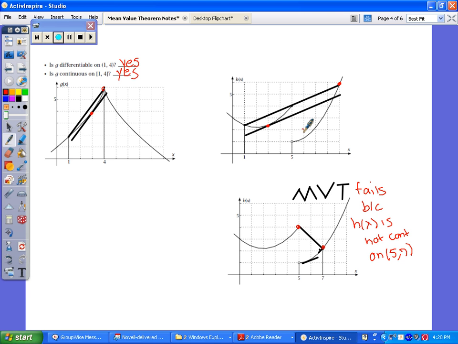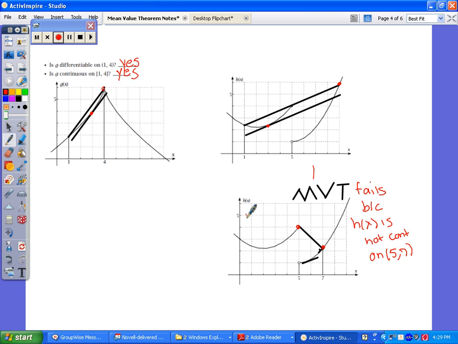But if I pick this function, we found that the mean value theorem does work even though the first hypothesis, that the function is continuous, is not satisfied. So sometimes the mean value theorem will work if the function is not continuous, but it's not guaranteed. And that's why we still need to check if the function is continuous, because if it is and it's differentiable, there has to be a c value that's true.